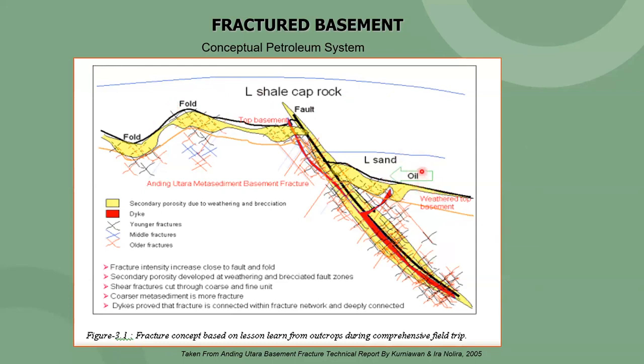You have the source rock, but the reservoir is not there. So what happens here? The oil or gas actually migrates to the basement. If the basement is fractured, then the porosity and permeability become higher. In that case, we can produce from the basement as well, from the fractures, but it should be fractured basement, and the fracture conductivity should be very high.